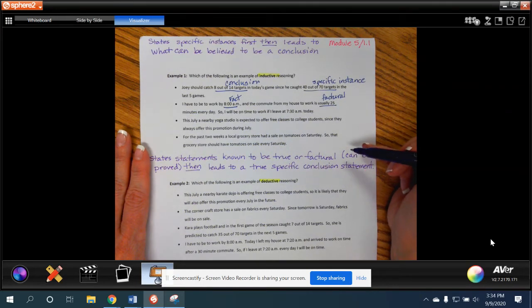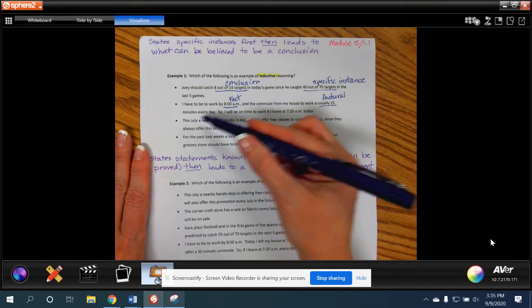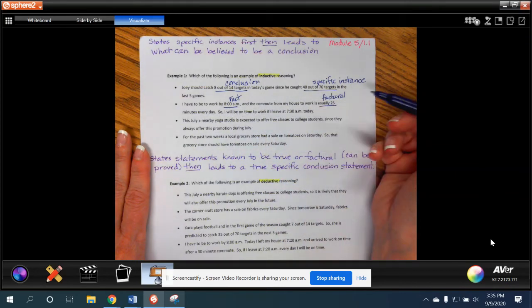Next, this July, a nearby yoga studio is expected to offer free classes to college students, since they always offer this promotion during July. Again, this is this July. That means it's coming up.